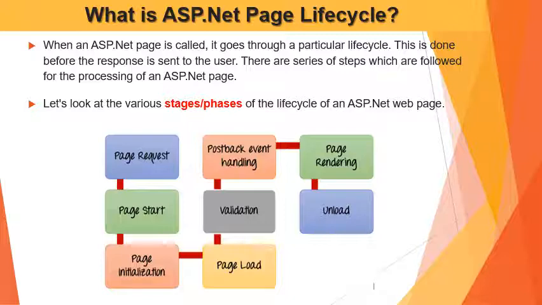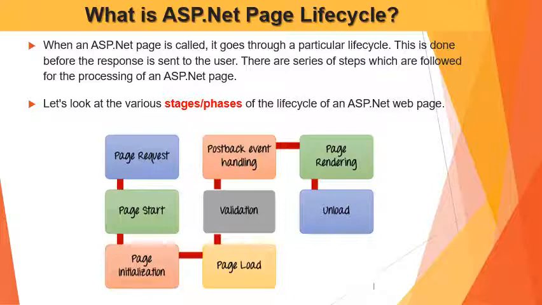Now the web components, including the page, go through the entire life cycle every time the page is loaded. This involves a fair amount of performance overhead, which you can reduce by caching of these overheaded pages.